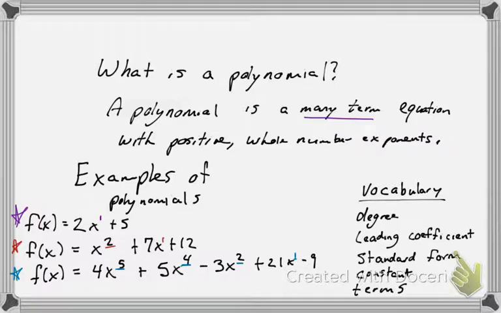Now there are a couple of just basic vocabulary words that go along with a polynomial. The first being the degree. The degree is the largest exponent in the equation of x.